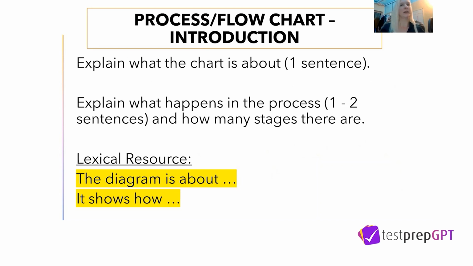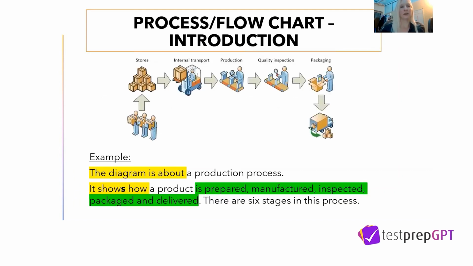So let's start with the introduction. You need only 2 sentences, explain what the chart is about and explain what happens in the process and how many stages there are. So the good language that we can use, the good linkers to begin, we can say the diagram is about and it shows how, okay? So if we put that all together, the diagram is about a production process.